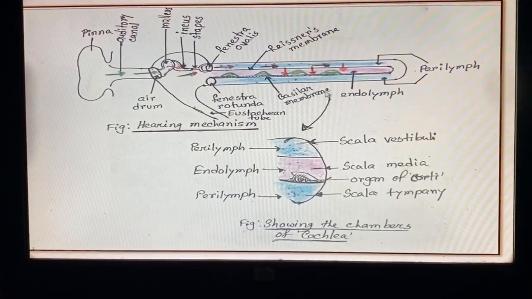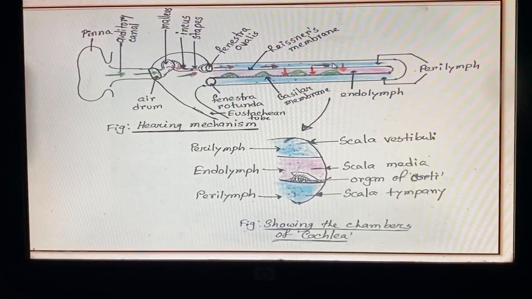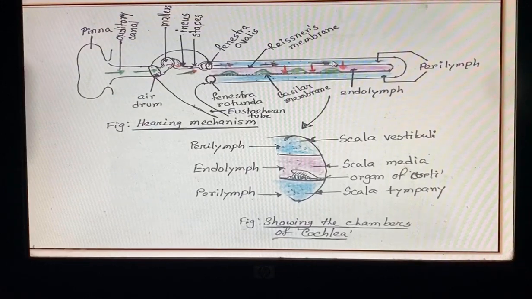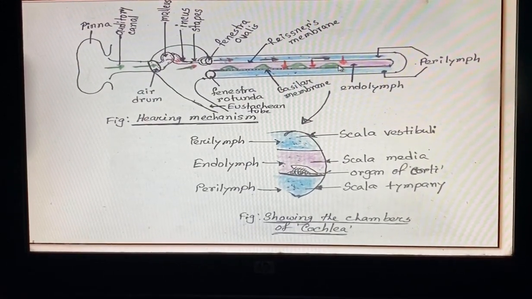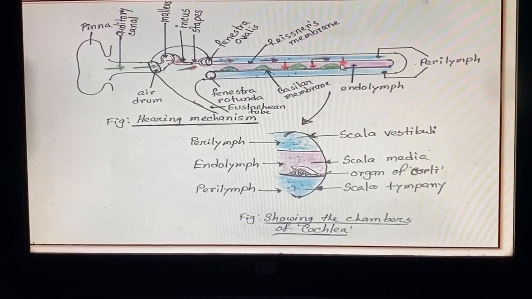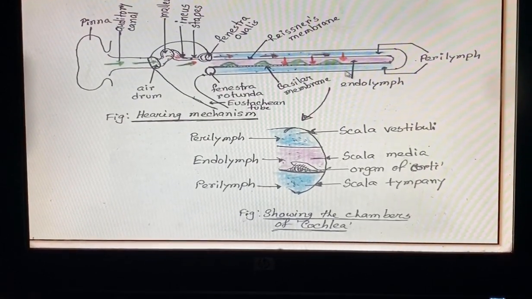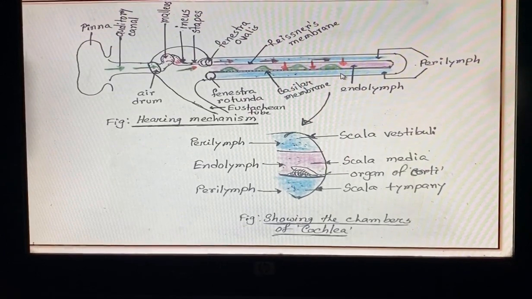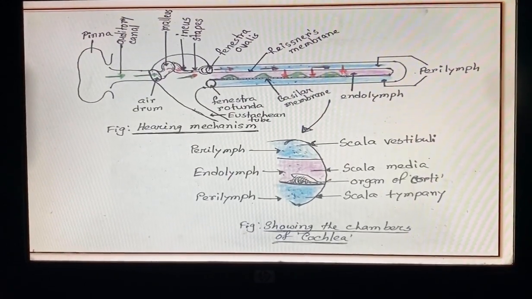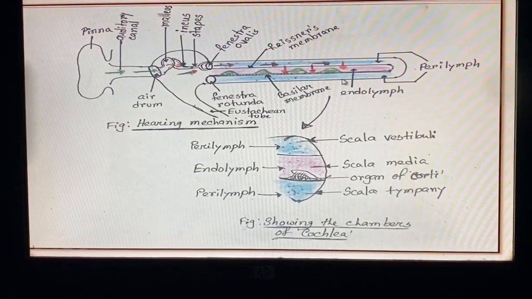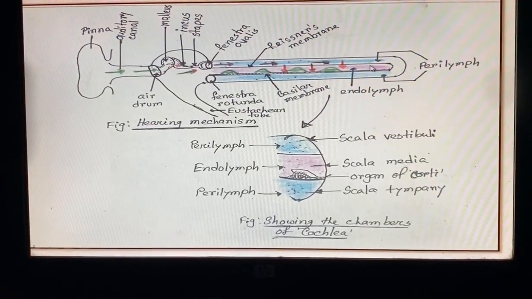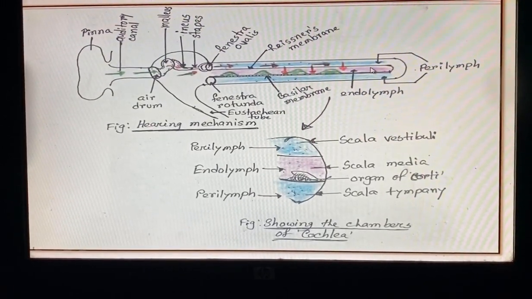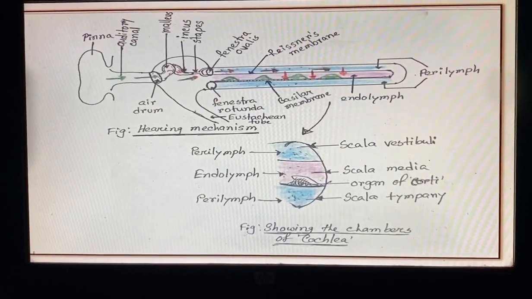Okay, and the scala vestibuli, the first layer, is filled with perilymph and the middle layer is filled with endolymph and the scala tympani is filled with perilymph. That means the outer two chambers are filled with perilymph and the middlemost layer is filled with the endolymph fluid, right?